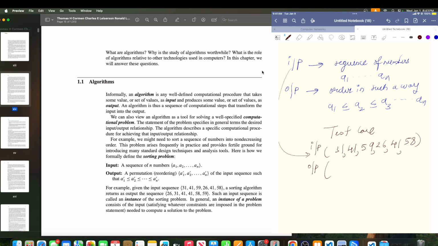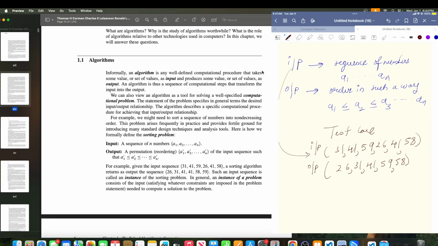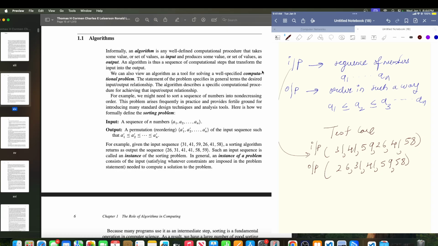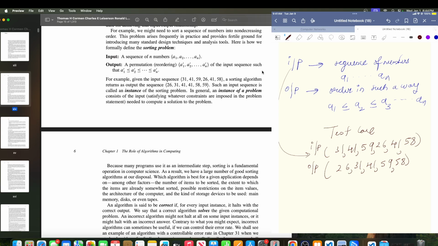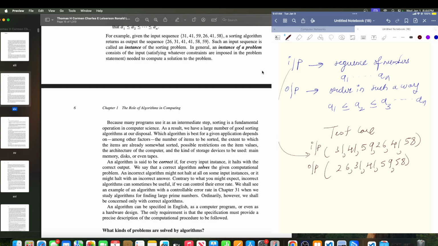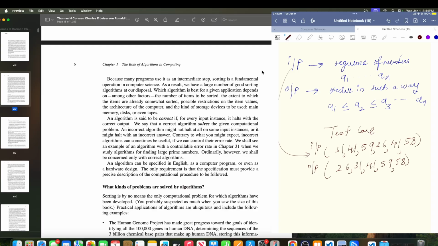The output is 26, 31, 41, 41, 58, 59. Such an input is an instance of the sorting problem. In general, an instance of a problem consists of the input satisfying whatever constraints are imposed on the problem. Because many programs use sorting as an intermediate step, sorting is a fundamental operation, and many programs will use this.